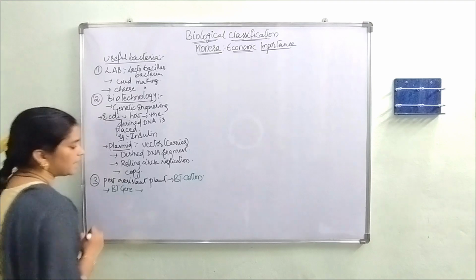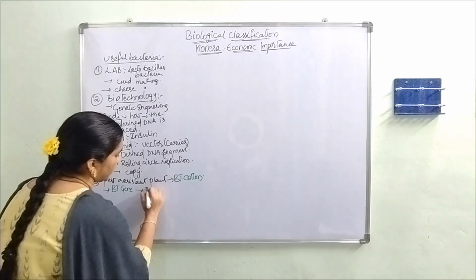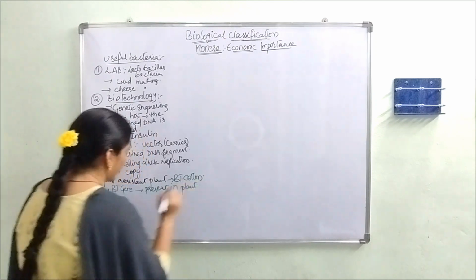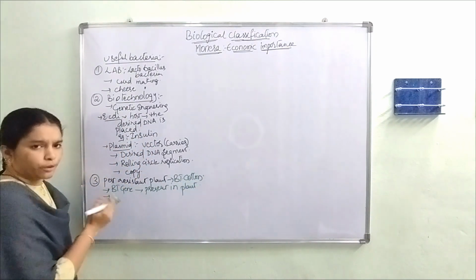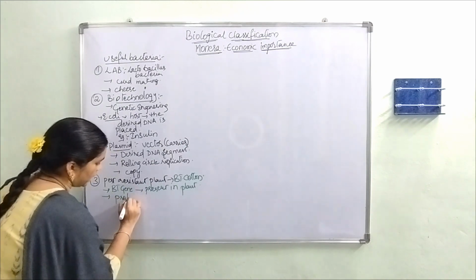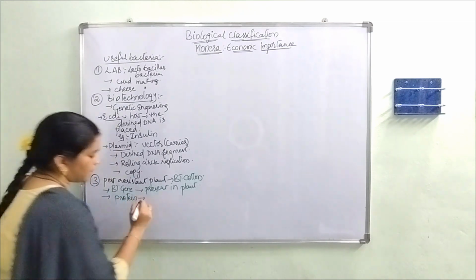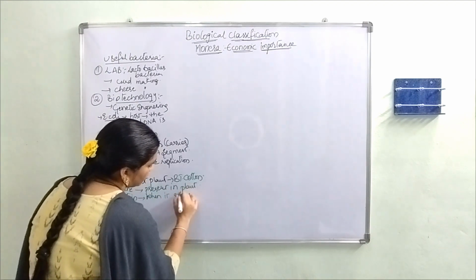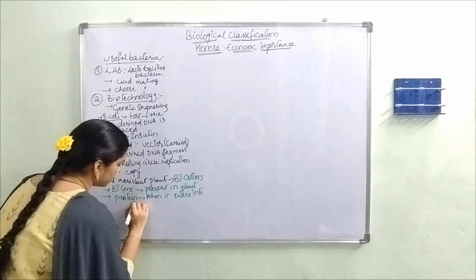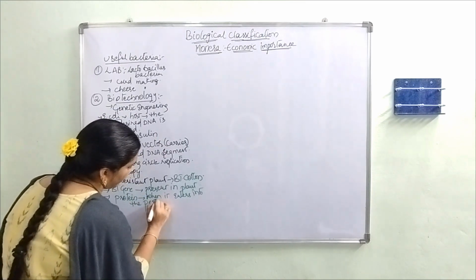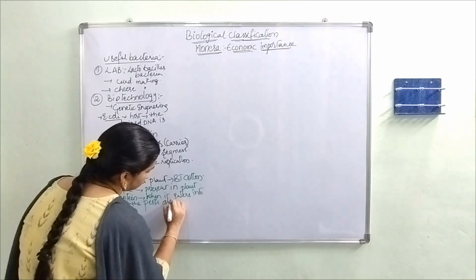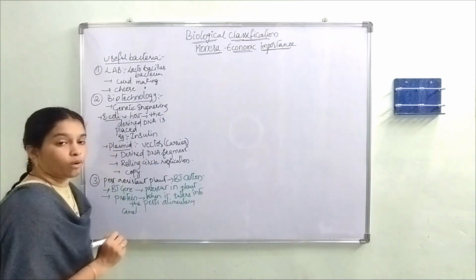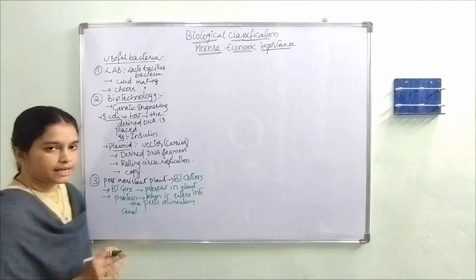This BT gene is in inactive form when it is present in the plant. It gets activated and produces a protein when it enters the pest's alimentary canal, and poisons its alimentary canal and kills the organism.